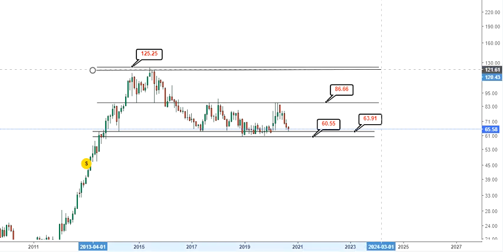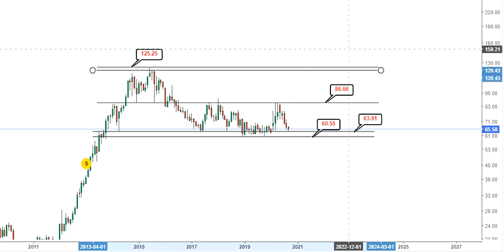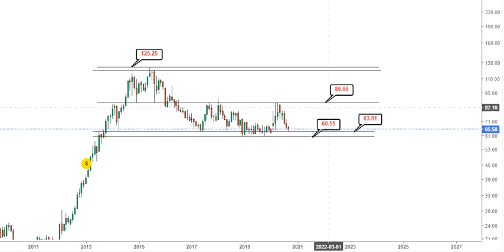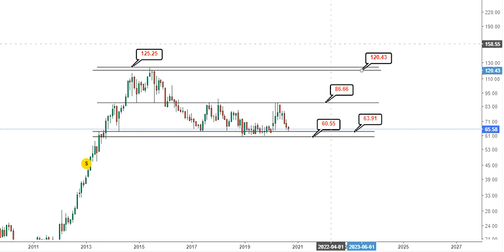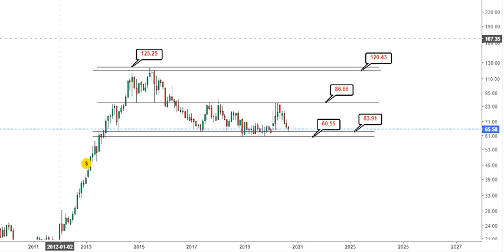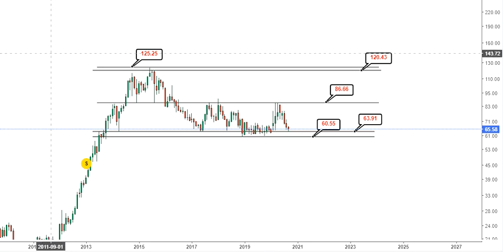This 125 is your big resistance level, and unless the stock makes a breakout and moves above 125 or 126 odd dollars, we cannot say that a new trend has started.